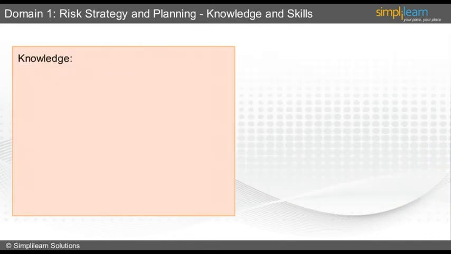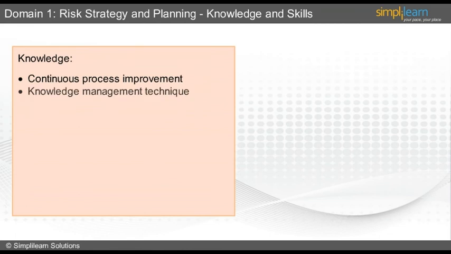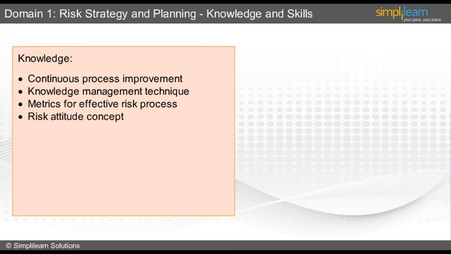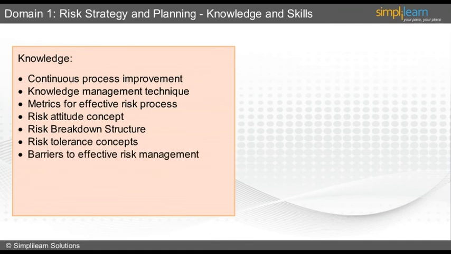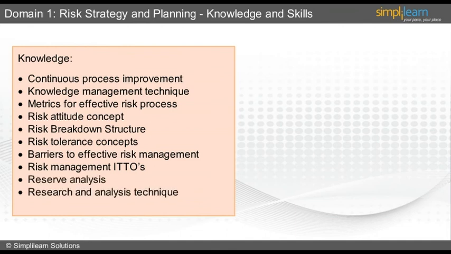The knowledge required is how to achieve continuous process improvement, collecting lessons learned and documenting them in the knowledge management bank using techniques, defining metrics for effective risk process achievement, understanding risk attitude of the stakeholders, breaking down the higher level risk into smaller components, also called the risk breakdown structure, understanding how to apply risk tolerance concepts, identifying barriers to effective risk management, various inputs, tools and techniques and outputs under risk processes, also known as ITTOs, analyzing reserves requirement based on uncertainties using research and analysis techniques, and finally, defining basic strategy development methodologies by involving SMEs.